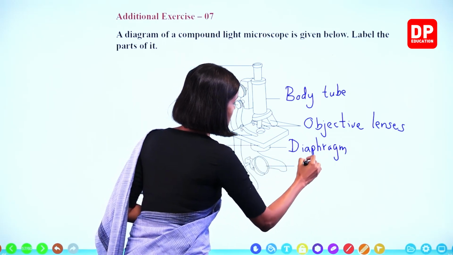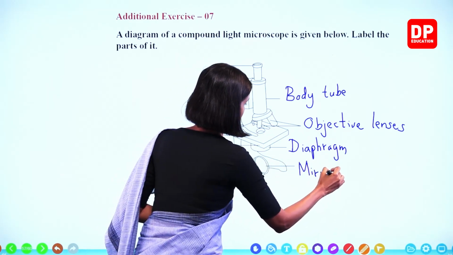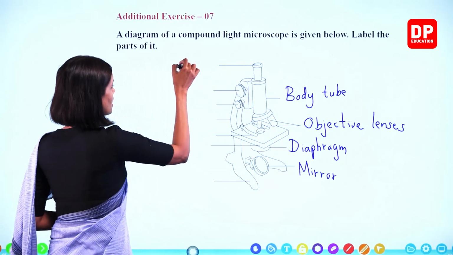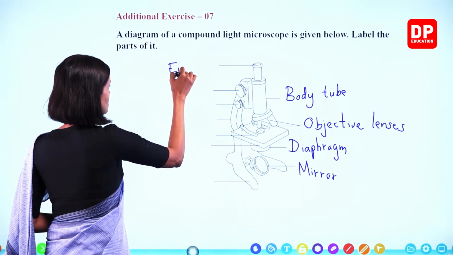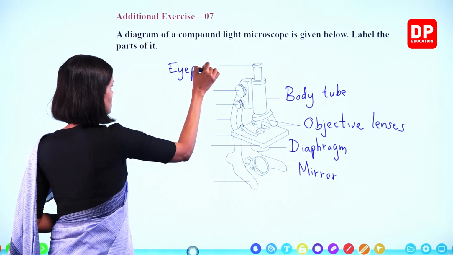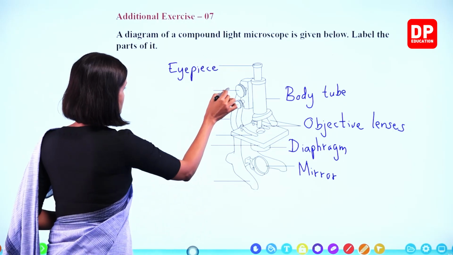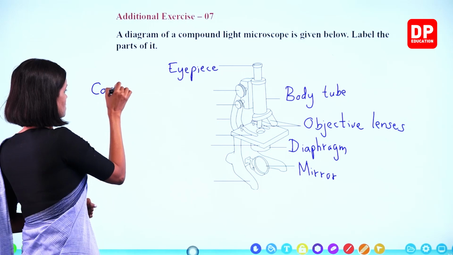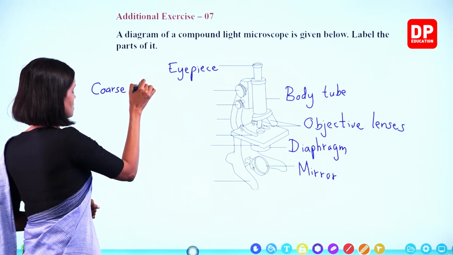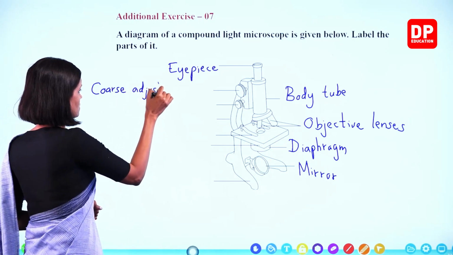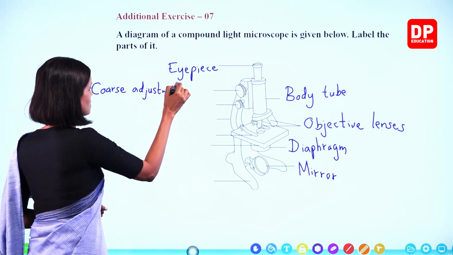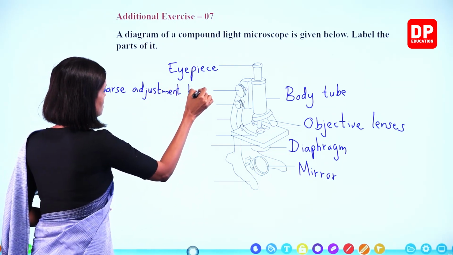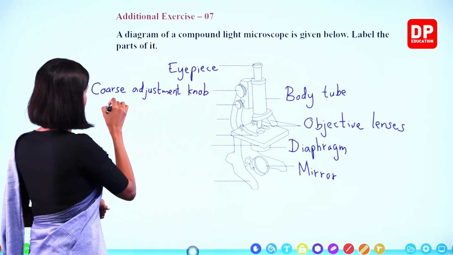This is the mirror, eyepiece, coarse adjustment knob, fine adjustment knob.